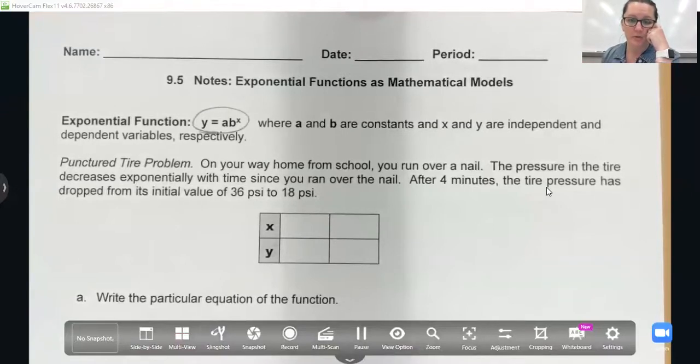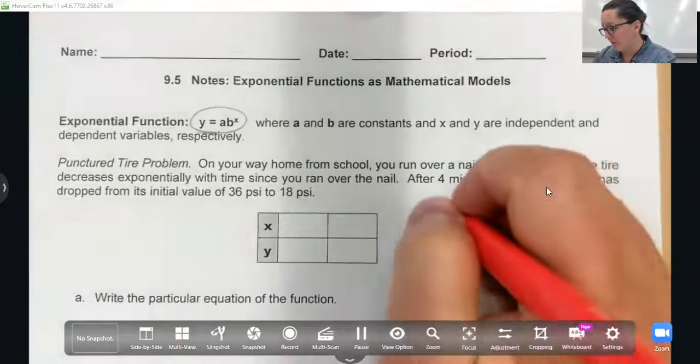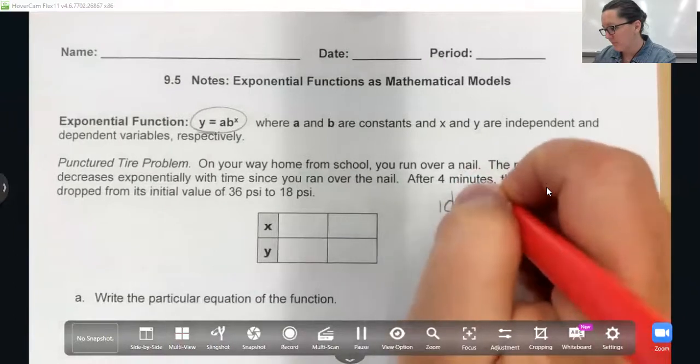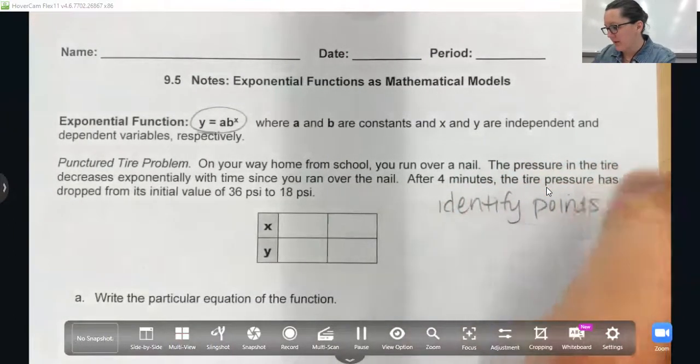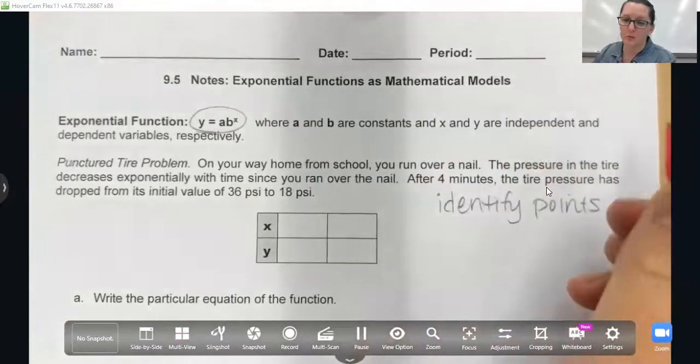On your way home from school, you run over a nail. The pressure in the tire decreases exponentially with time since you ran over the nail. After 4 minutes, the tire pressure has dropped from its initial value of 36 psi to 18 psi. So I want to identify my points, and then I'm going to write 2 equations.